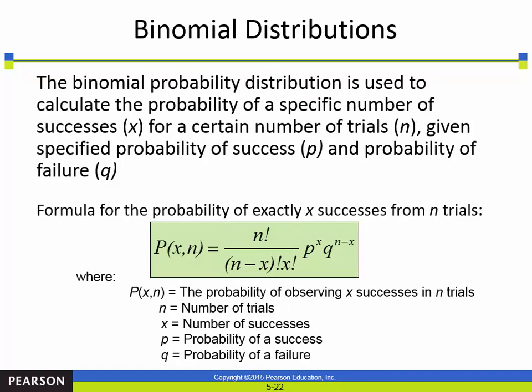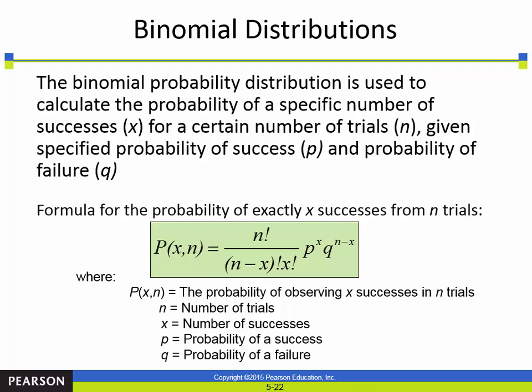All right. So binomial probability distribution is used to calculate the probability of a specific number of successes for a certain number of trials, given a specified probability of success and probability of failure. So we're given all of these things. So here's the formula, and the formula can look a little intimidating, but really if you had all of these variables given to you, you should be able to calculate this, right?